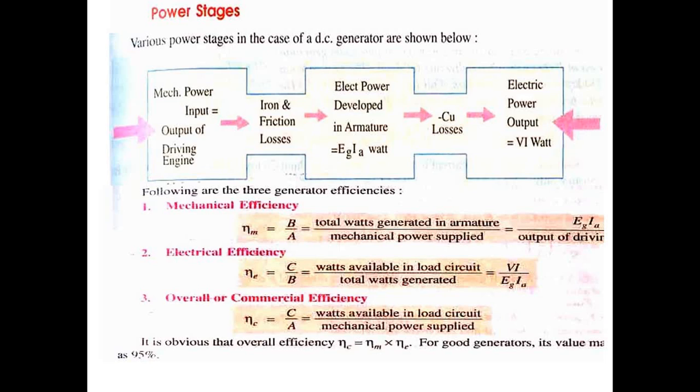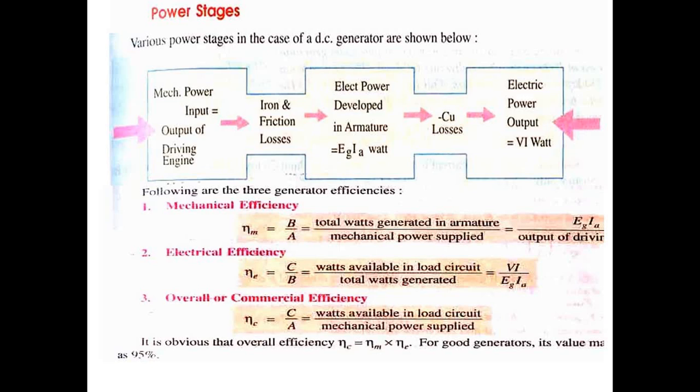Following are the three generator efficiencies. Mechanical efficiency is equal to total watts generated in the armature divided by mechanical power supplied, that is, Eg into Ia divided by output of the driving engine. Electrical efficiency is equal to watts available in the load circuit divided by total watts generated, that is, V I divided by Eg into Ia.